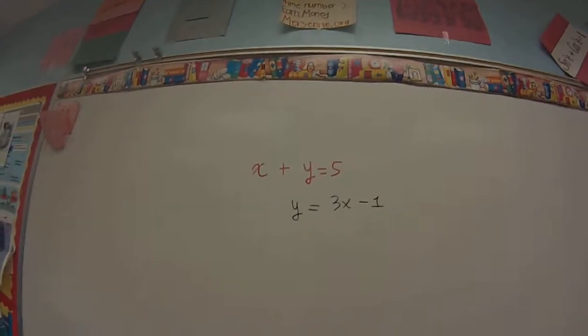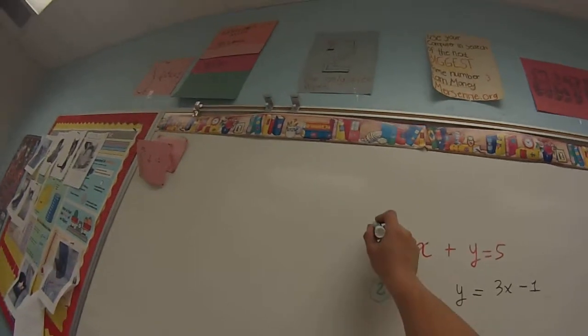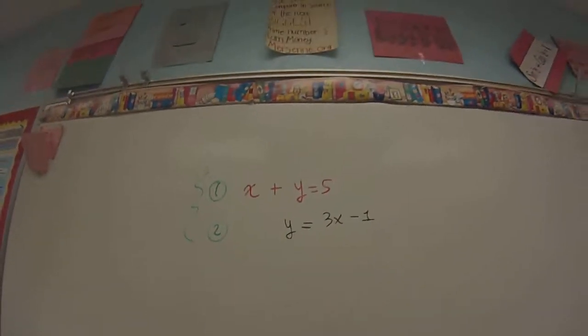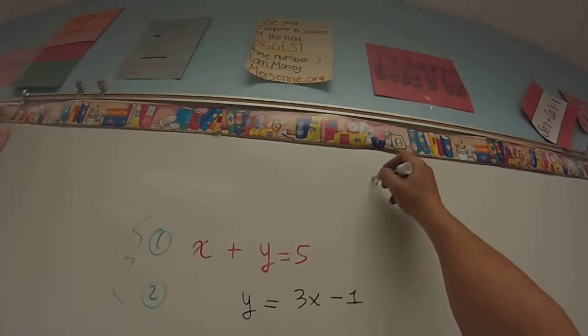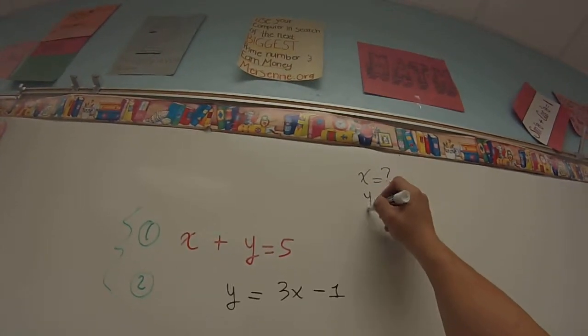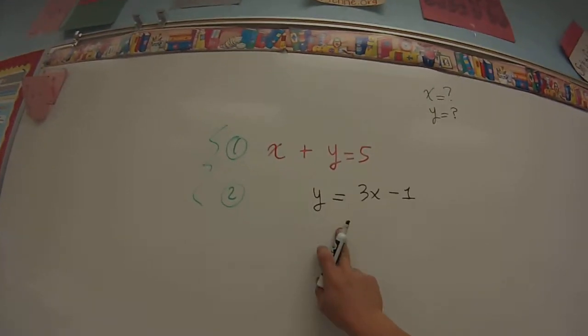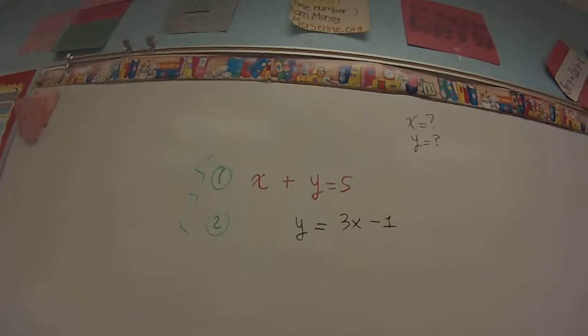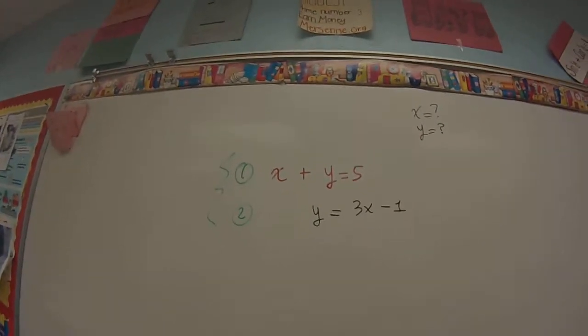Notice that we have two equations, 1 and 2, and they go together. They make a system of equations. So how do I find the answer? What number should x be, and what is y, so that when you put those numbers in, it will make the equations true? Now let's go ahead and find that out.